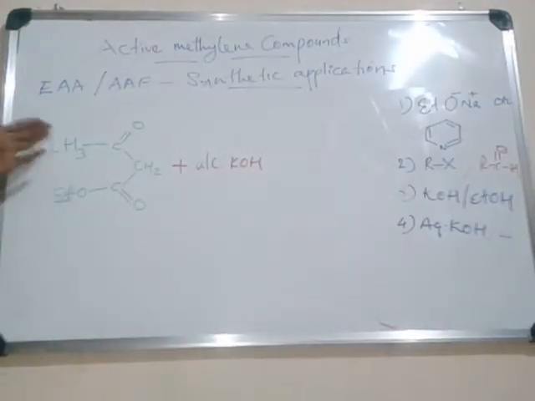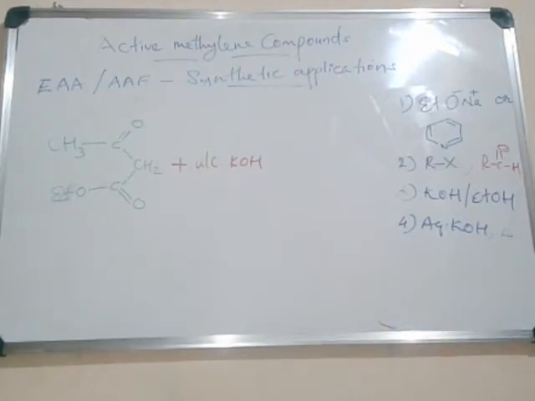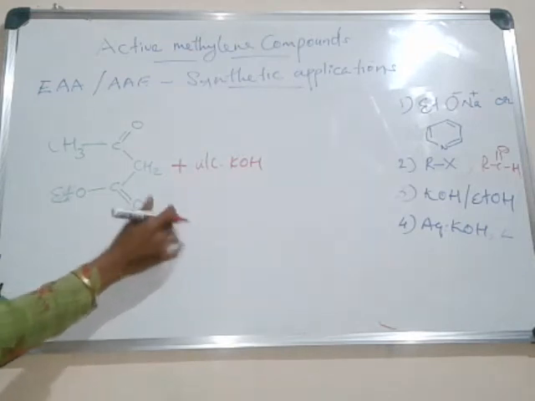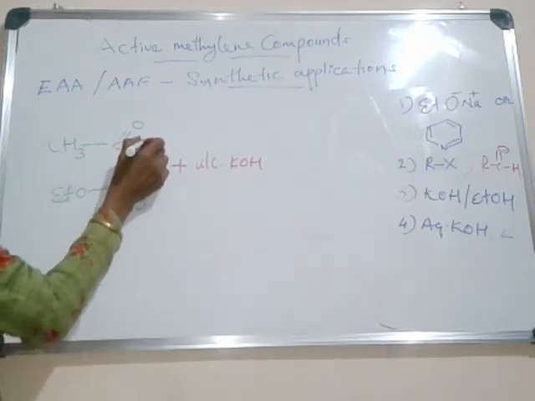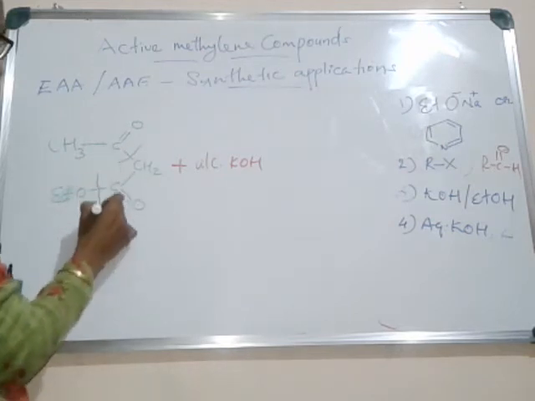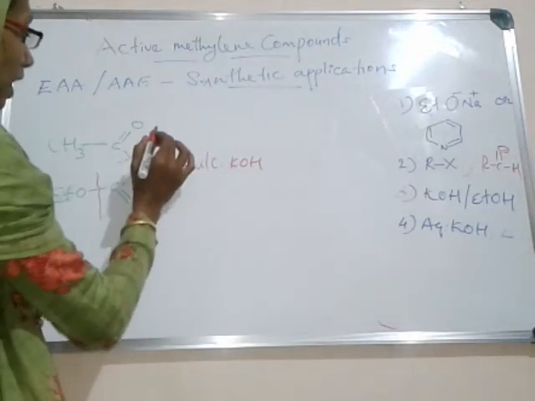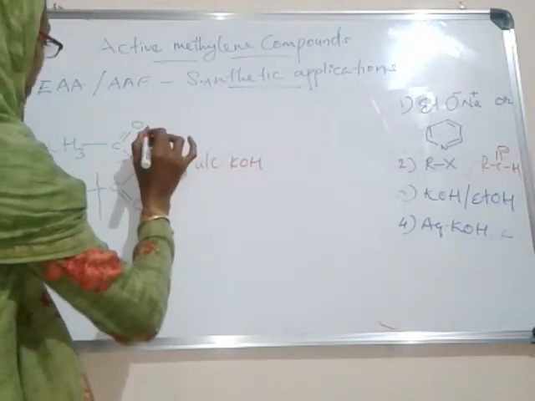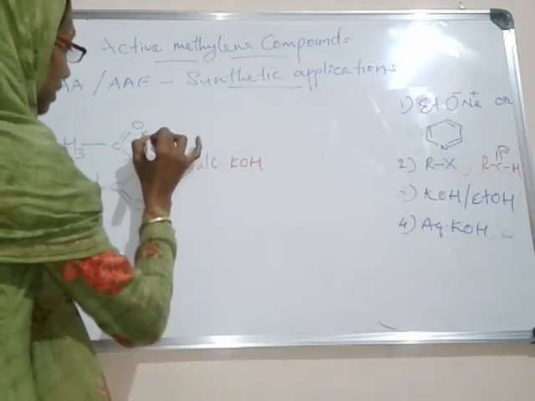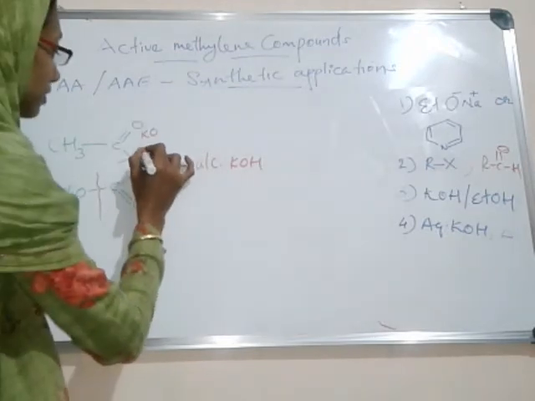Next we have to check what happens when it is treated with alcoholic KOH. The molecule will break at this position and also at this position, and KOH is split: KO goes to this part and H goes to this part.